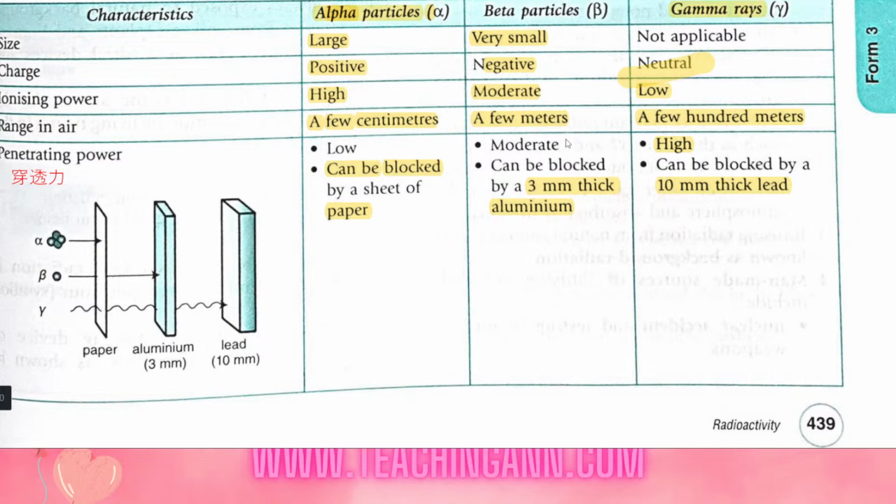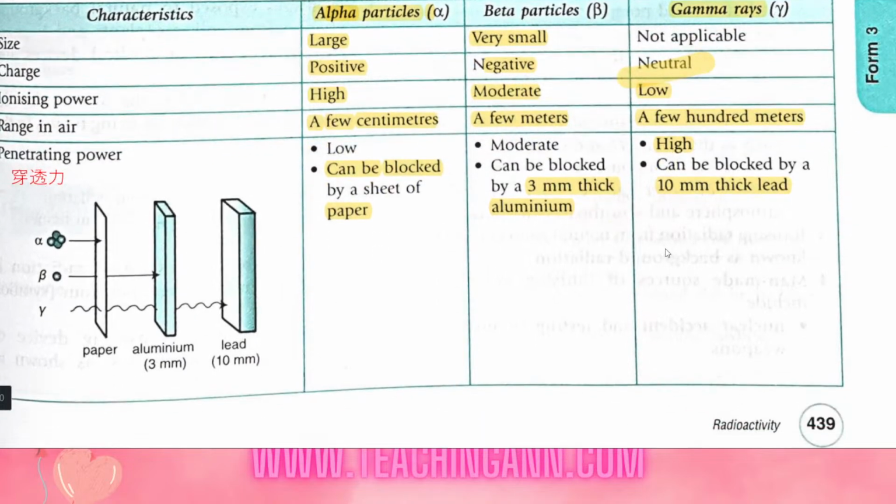All the people in the middle got affected already. This is a few meters. So how can you block the radiation from me? You put aluminium 3 mm thick. So you need to buy a lot of Coca-Cola and put a wall between me and you. So 3 mm thick aluminium.